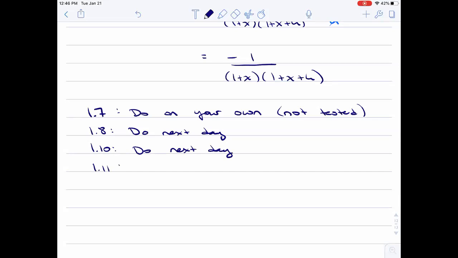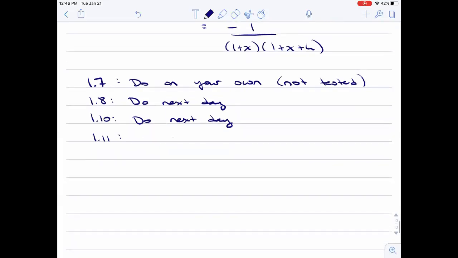But 1.11, I'm going to do on your own. It's just showing you how to graph stuff. I'll show you how to use Desmos if you haven't used it before. So I will show Desmos, but then do on your own, which just means it's not going to be tested. Okay? All right. See you guys on Friday.